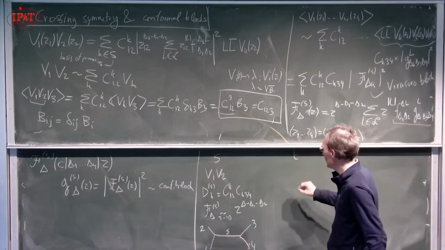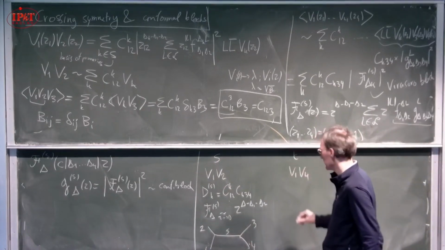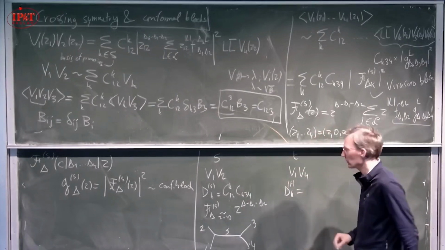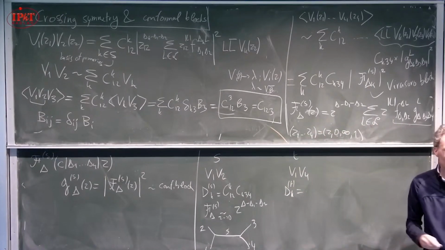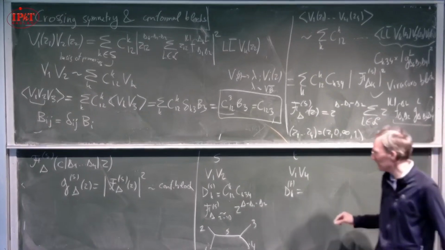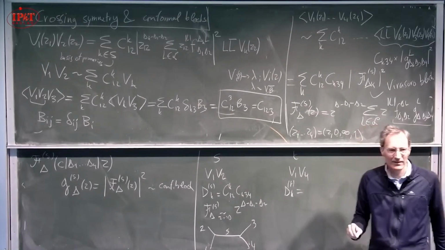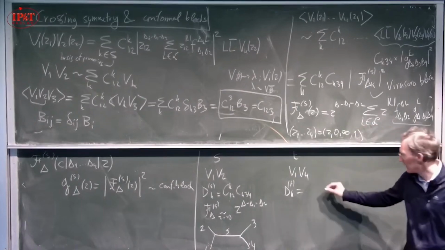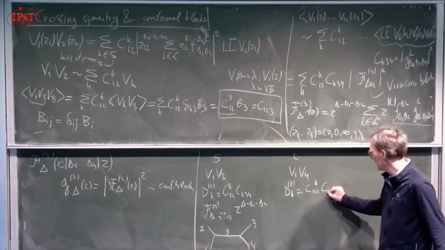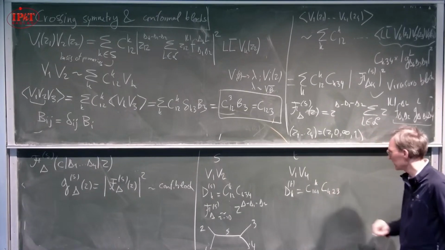But I could do it in the T channel. I would do V1, V4. I would get the T channel 4-point structure constant, which is what? Can anyone guess it? Yeah, C_14k C_k23.